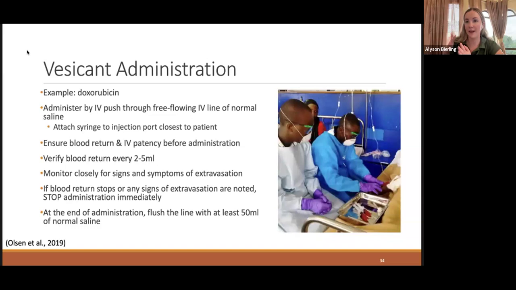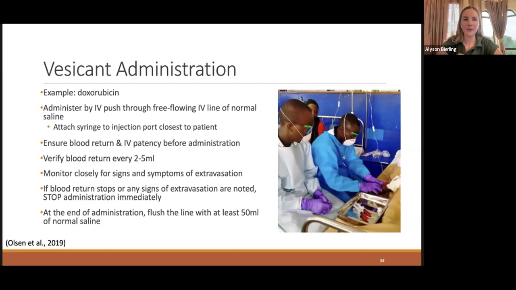What you would do is take an IV line of normal saline, open the clamp wide, and then inject the syringe with the doxorubicin into the injection port closest to the patient, and push the drug into the IV line that way. The normal saline line is running while you're pushing the doxorubicin to help dilute the drug while it's being administered.